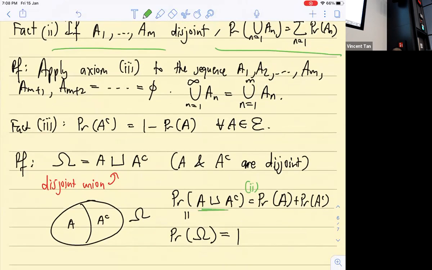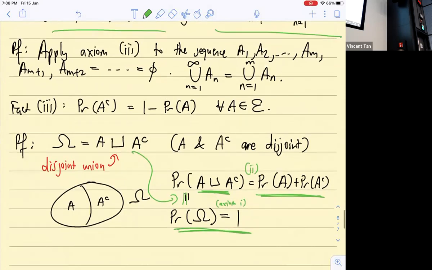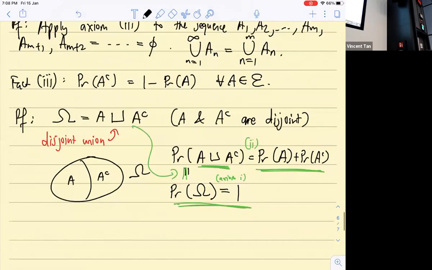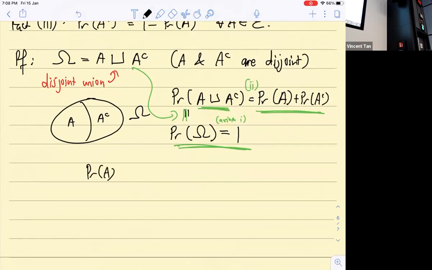Here there are only 2 sets, so we get a sum. And the fact that omega is equal to A union A complement, and probability of omega equals 1 comes from axiom 1. Stringing all these together, we get that probability of A is equal to 1 minus probability of A complement. And the other way around is fine.